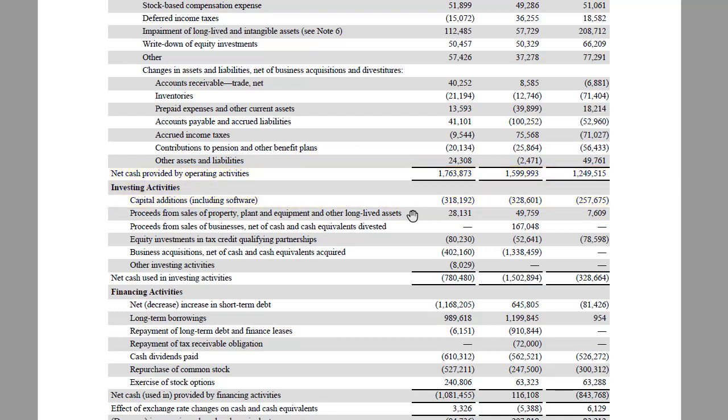The second line is actually sales of plant and equipment. If something wore out, or they took a plant offline and they sold it, that's down here. We also see proceeds from sales of businesses. You'd see business acquisitions, which are listed on a separate line item. Again, negative numbers being cash out, positive numbers being cash in, which makes sense.